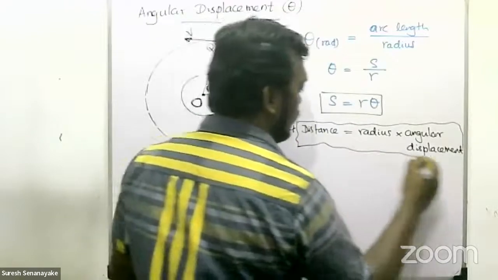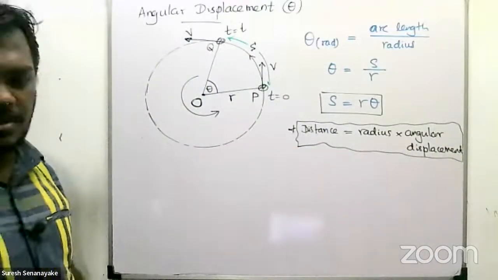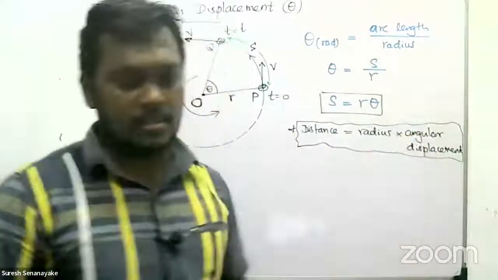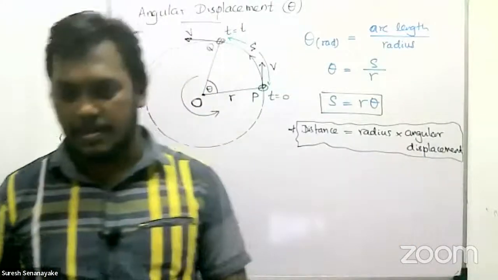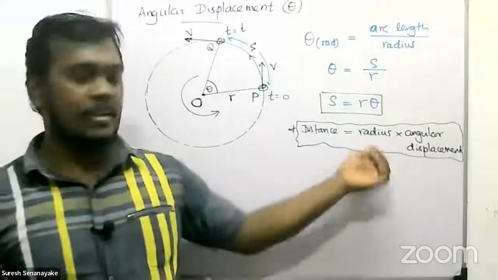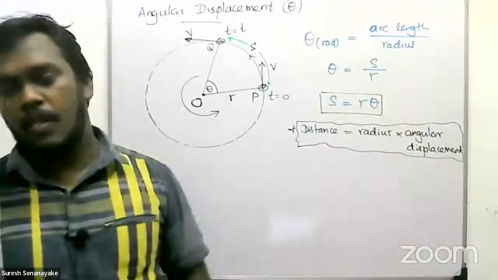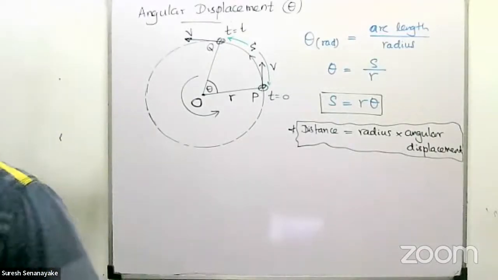That's why this angular displacement is not a vector quantity, it's a scalar quantity, because distance is a scalar. A scalar multiplied by a scalar will only produce a scalar, because radius is always a scalar. So a vector multiplied by a scalar cannot produce a scalar.